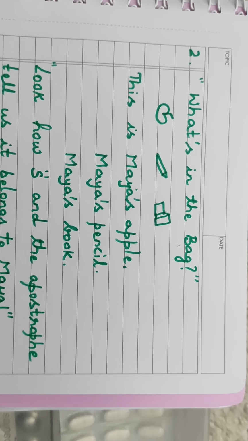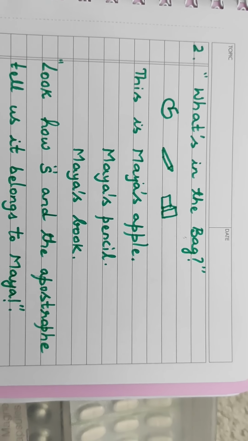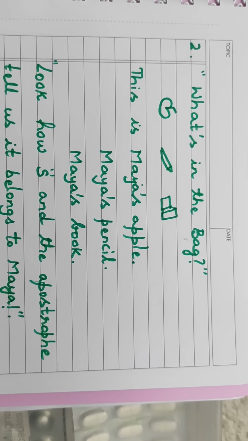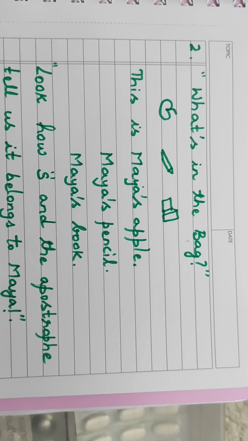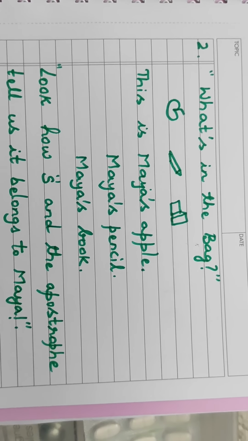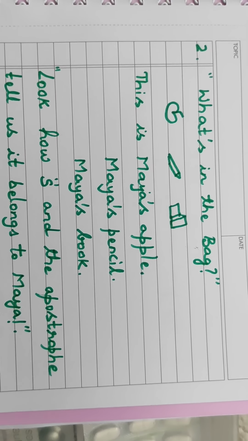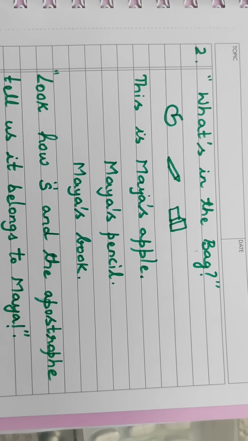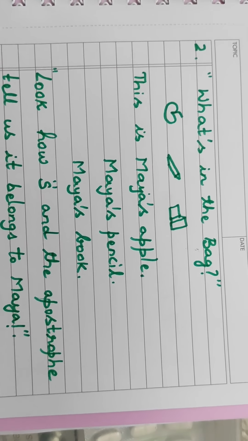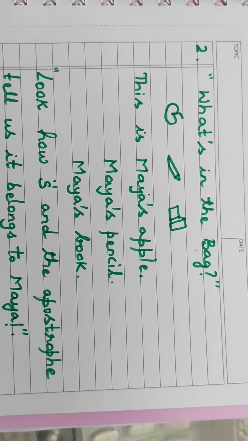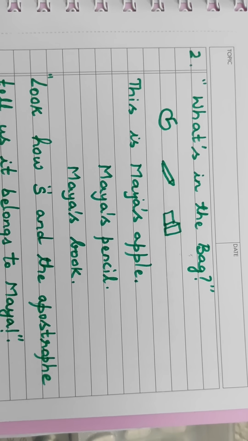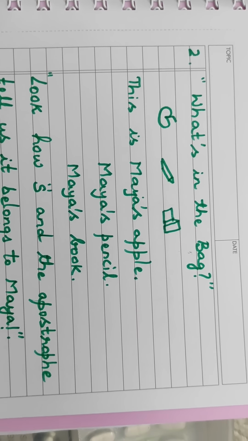We shall take up some more examples. What's in the bag? Here in the question itself, it is what apostrophe s in the bag. You can see a small drawing of an apple, a pencil, and a book. You can say to whom all these three belong, using any name. This is Maya's apple, Maya apostrophe s apple.